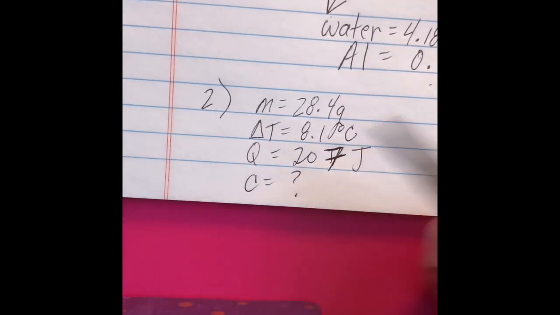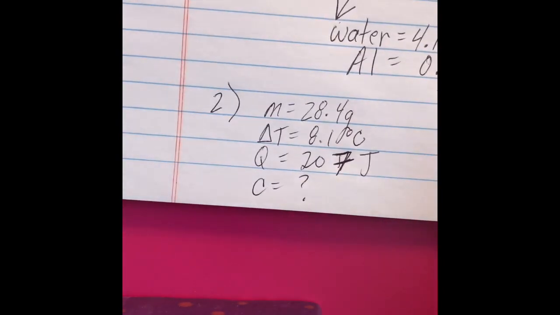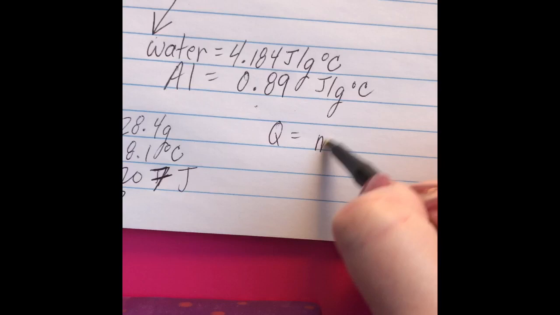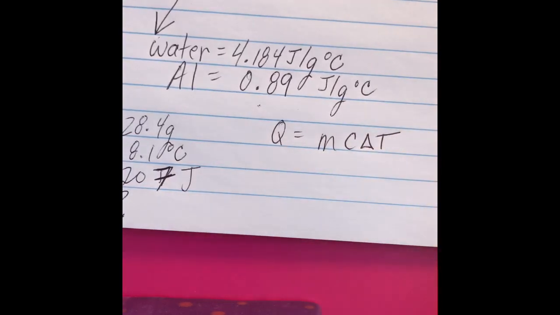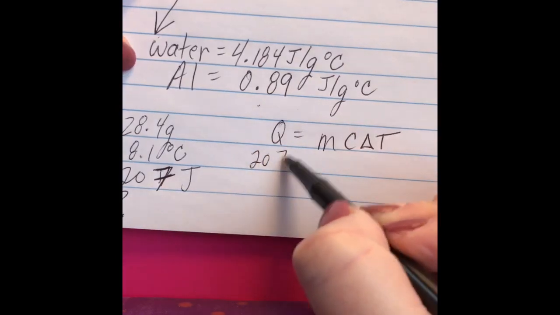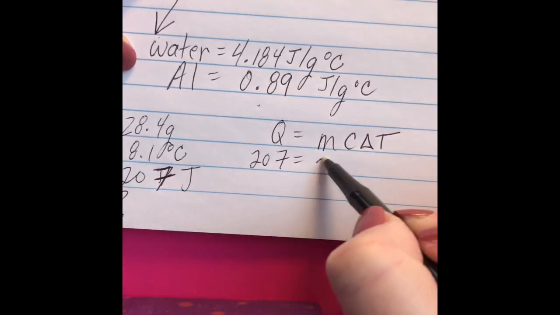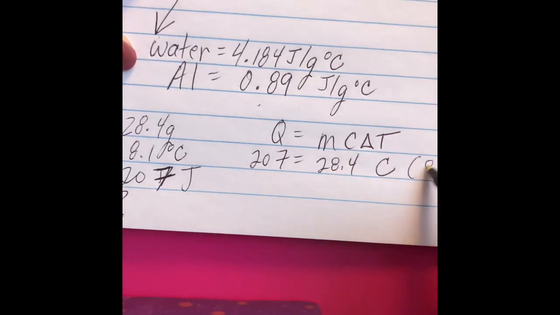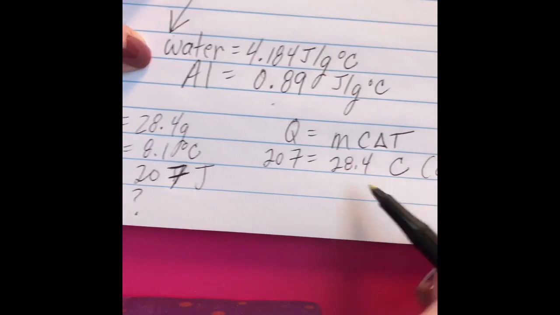They're asking us to calculate the specific heat value. So I'm just going to do a little bit of plug and chug with my Q equals MC delta T equation. Plugging in Q, plugging in the mass, C is what I'm solving for, plugging in that temperature change.